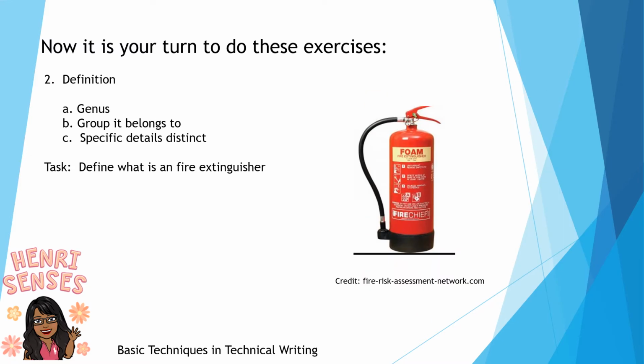Okay, another exercise that you can do is definition. When we say definition, here are the things that you should take note of when you're trying to define. First, you need to know what its genus is. You also need to know what group it belongs to. And of course, what specific details are distinct to this particular type of object or person or something.